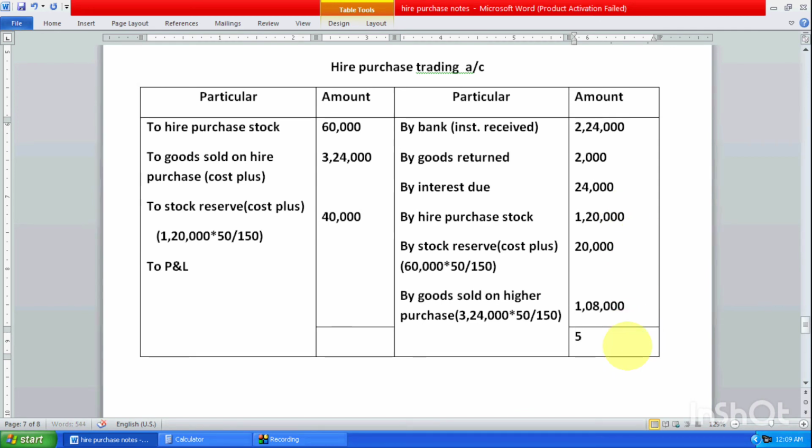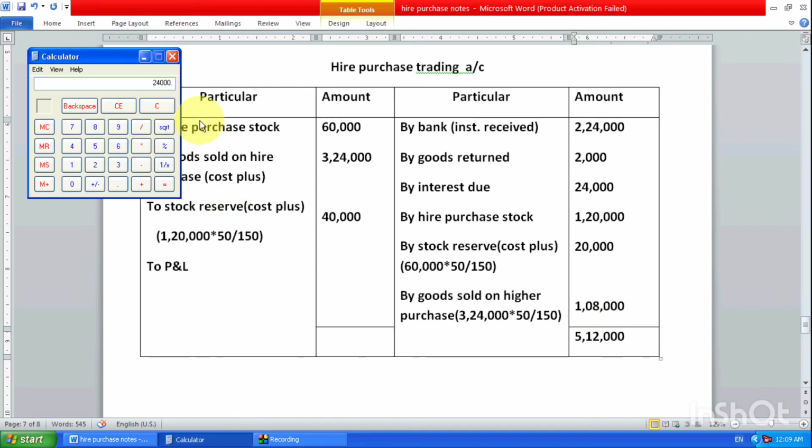Now add all the credit amount, the income amount. 2,24,000 plus 2,000 plus 24,000 plus 1,20,000 plus 20,000 plus 1,08,000. So the overall amount we are getting is 5,02,000. Let's calculate it here. You can see 2,24,000 plus 2,000 plus 24,000 plus 1,20,000 plus 20,000 plus 1,08,000.